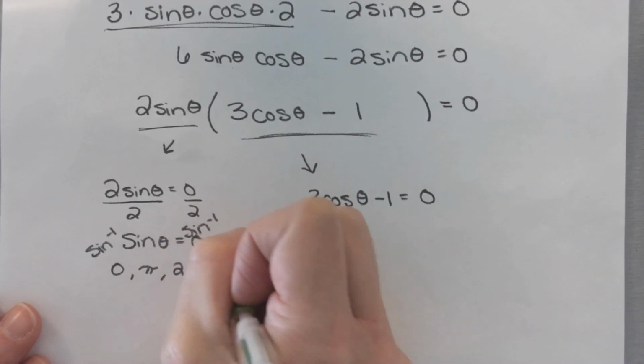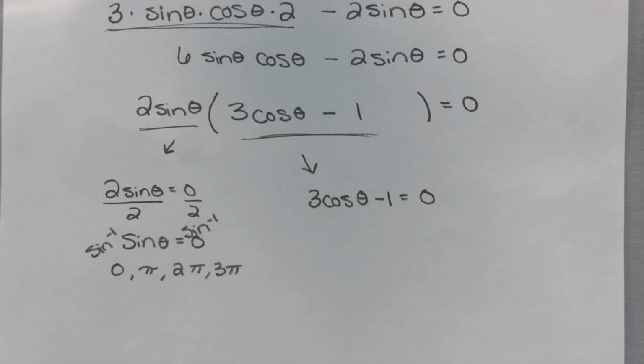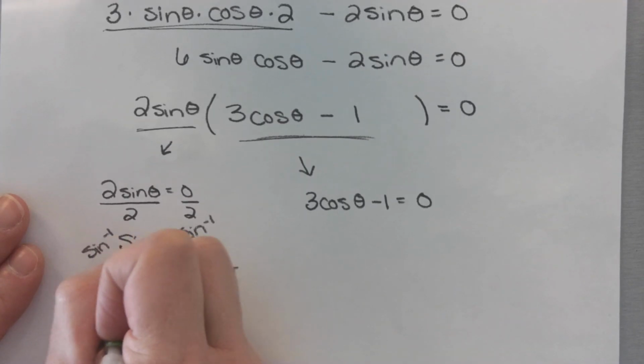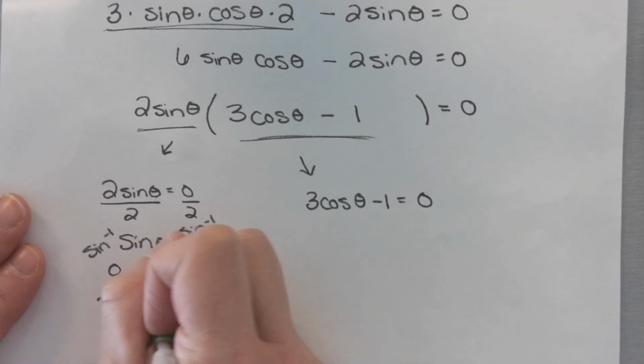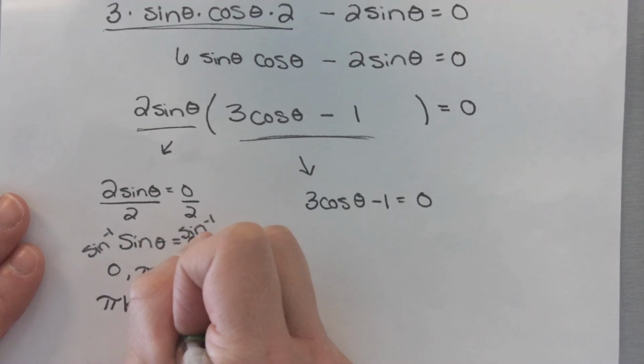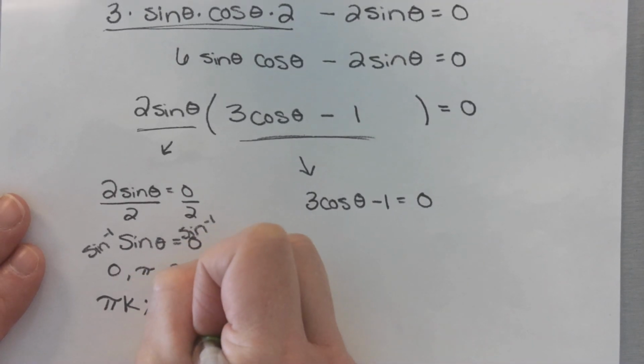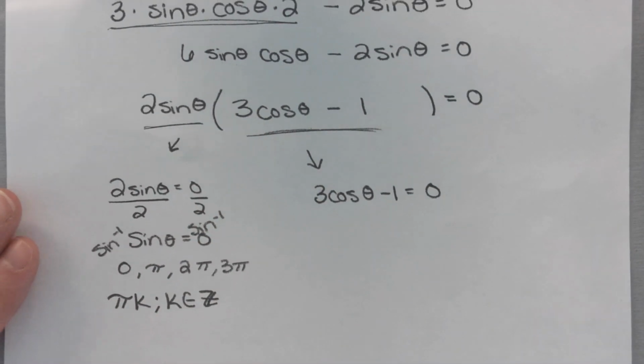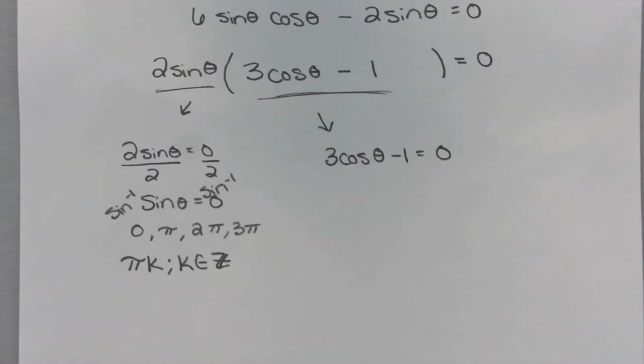What about 3 pi? We need a way to write that concisely, so that all the pi's are solutions. Pi k, where k exists in the set of integers. Because then you'll get 0 and 1 and 2 and 3, and then you'll also get the negative values as well.